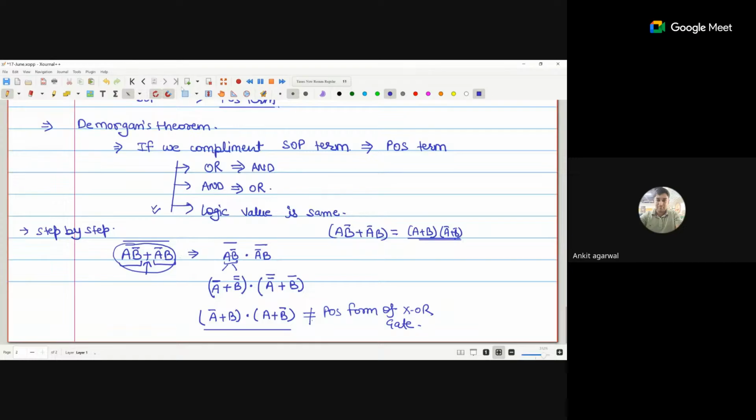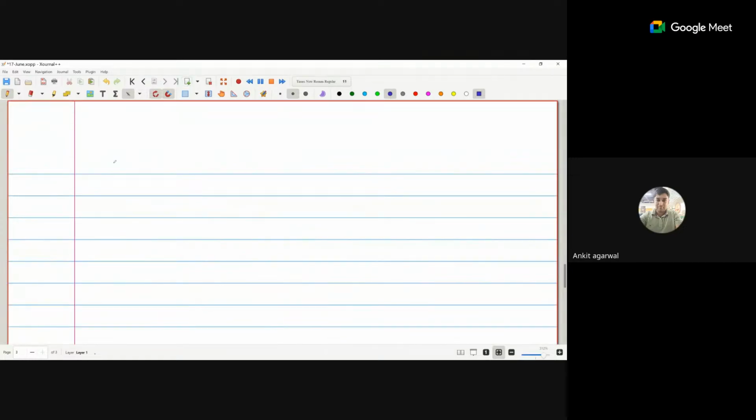Let me just recall that. For an XOR gate, the SOP term is A B bar plus A bar B, and the POS term is A plus B and A bar plus B bar.